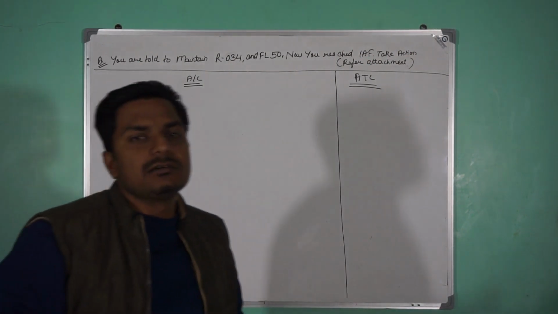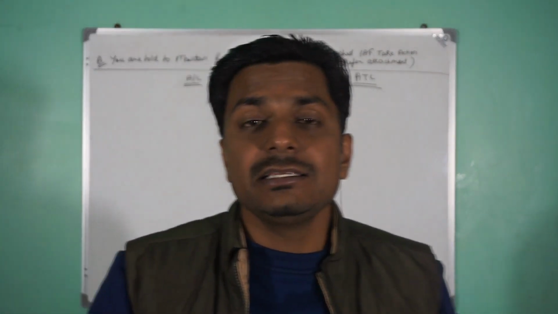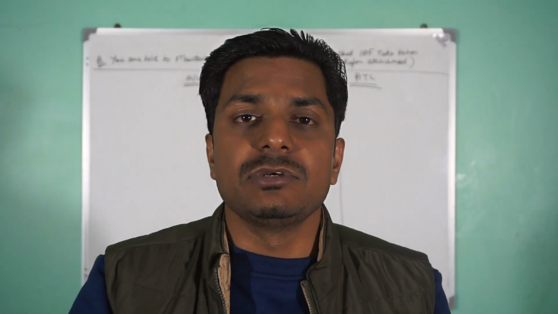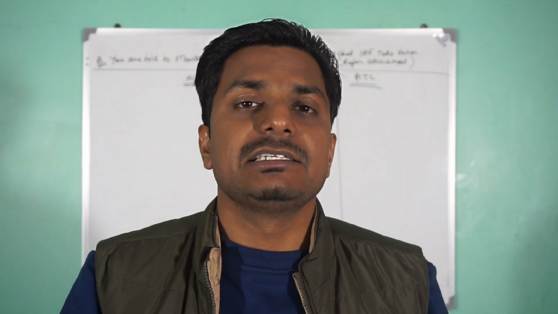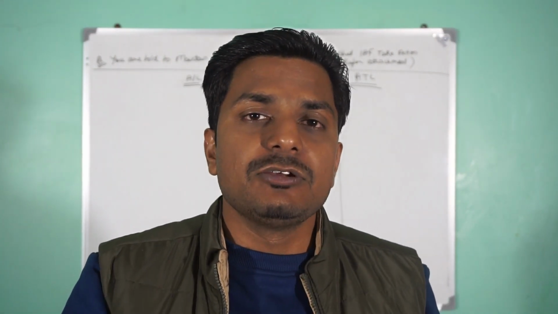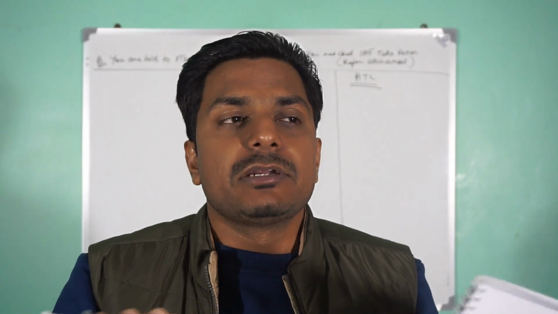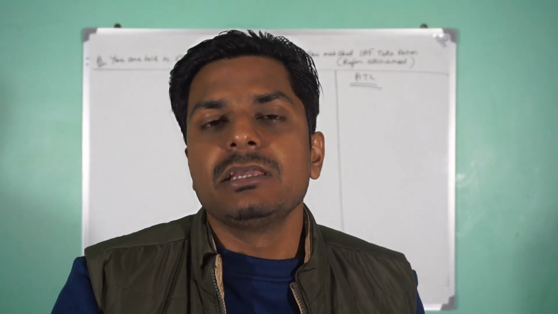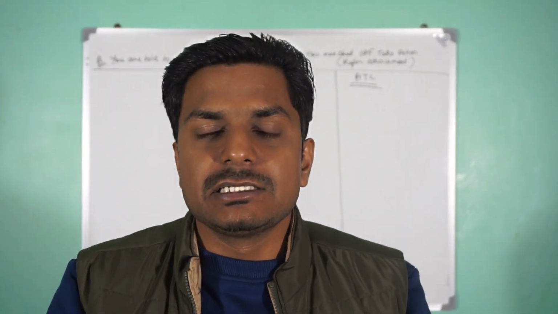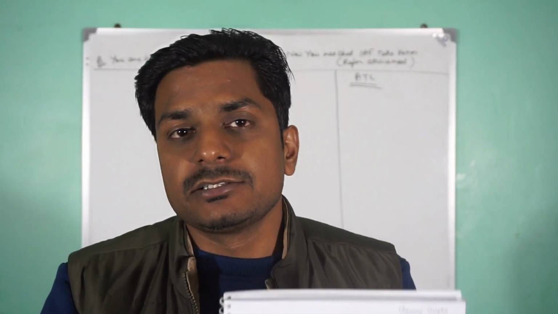So it says that the ATC has the authority to give instructions up to the initial approach fix. ATC has told us that we have to maintain radial 034 and flight level 50. And as I reach the initial approach fix, I don't have to take care of what ATC has told me; I have to follow the instruction or the path which is given in the STAR charts.